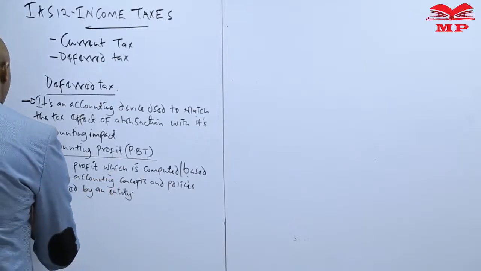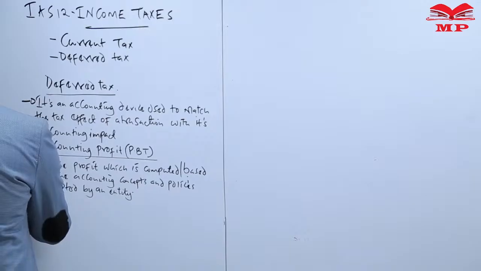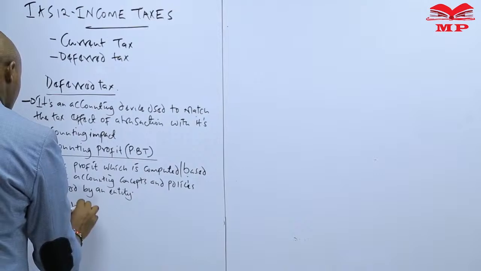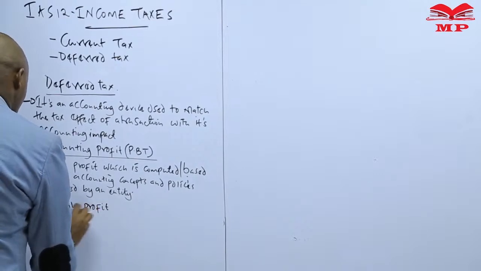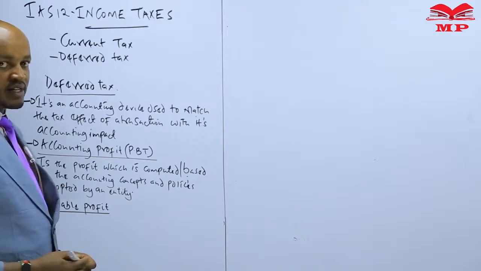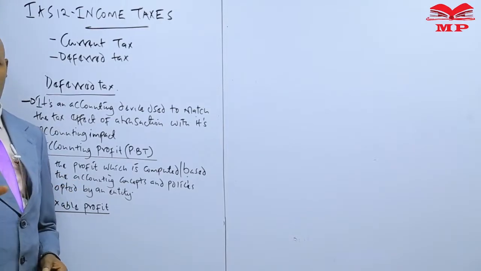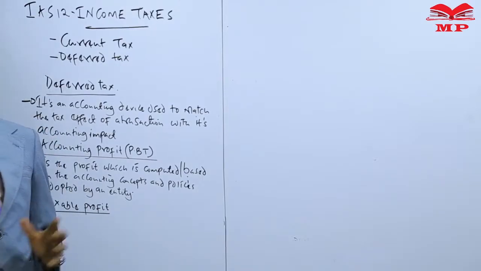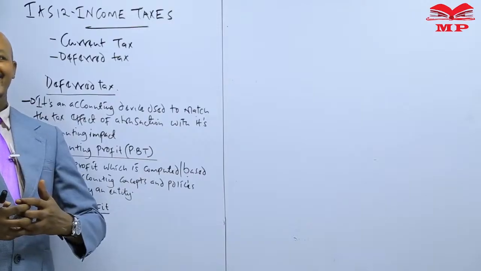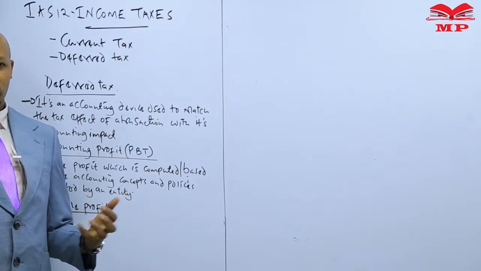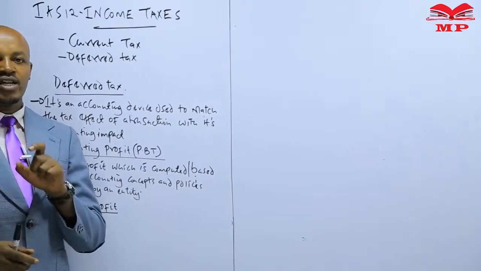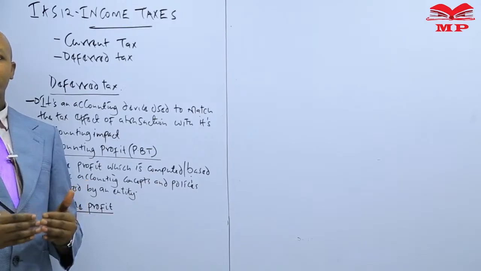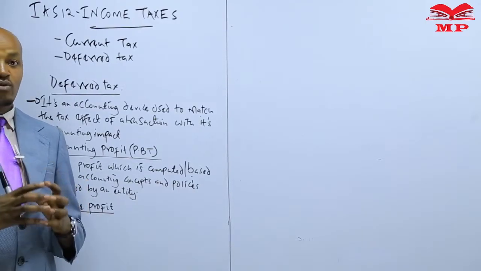Now, on the other hand, we have the other type of profit known as taxable profit. When we talk about taxable profit, in taxation, this is the profit we talk of. We say that this is a profit which is computed by an entity based on the existing tax laws, meaning that for us to compute this particular profit, we take only the taxable incomes and then we less all the allowable expenses.